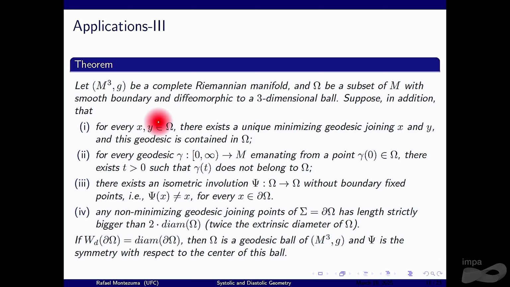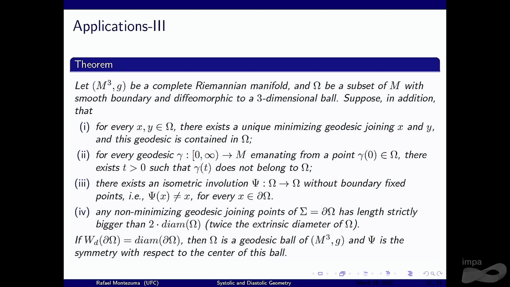You suppose some conditions that you see easily hold locally. For every 2 points in omega, there is a unique minimizing geodesic connecting them. Every geodesic emanating from a point in omega is going to leave omega at some point. And point 4 says that any non-minimizing geodesic joining points of omega, maybe there is a geodesic that goes out and comes back to omega, but I'm assuming that these geodesics are longer than the diameter.